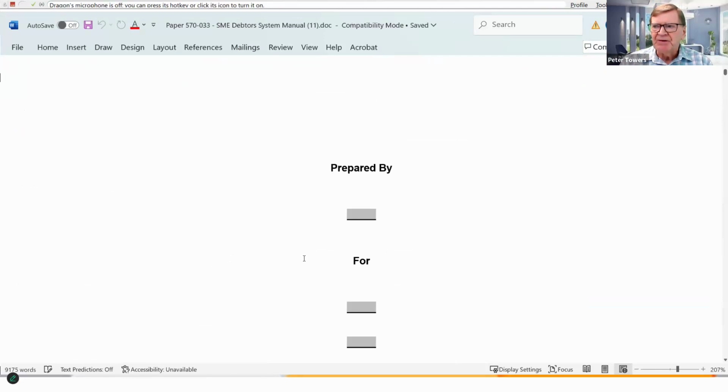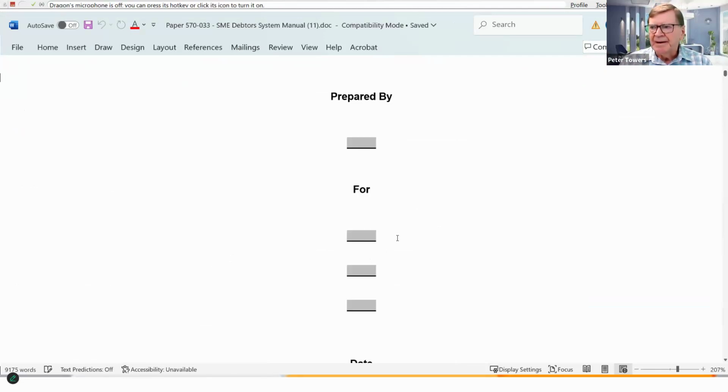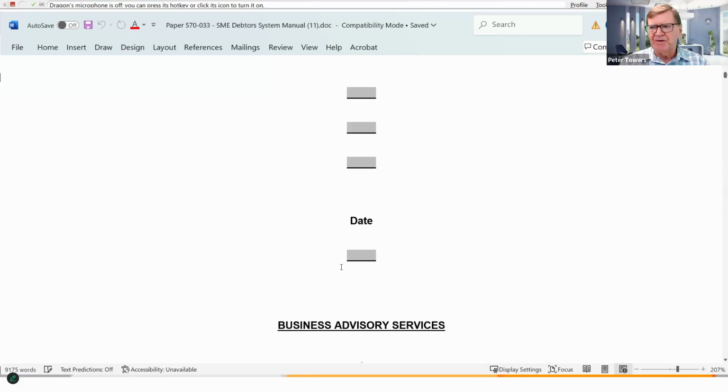So you would write there the name of your client that you've prepared it for, your firm name to start with, the name of the firm that you're preparing the document for, the date.